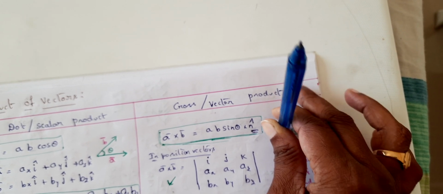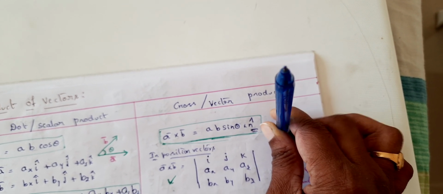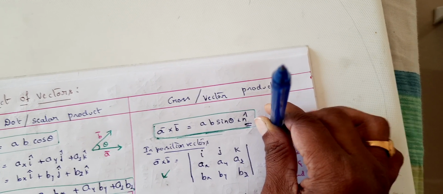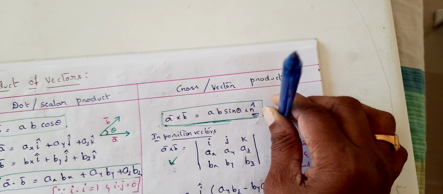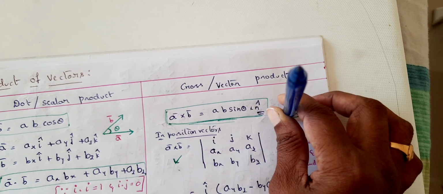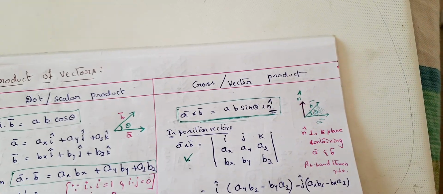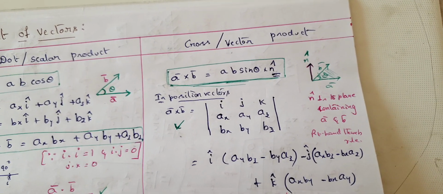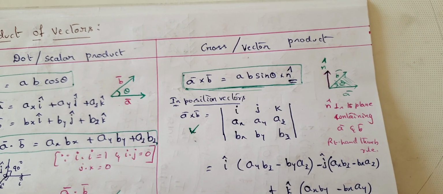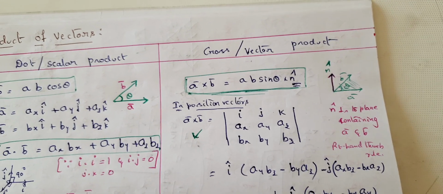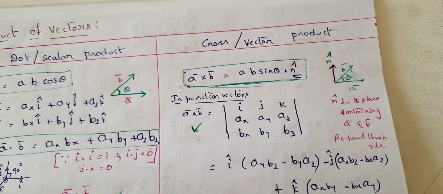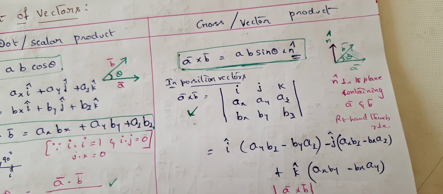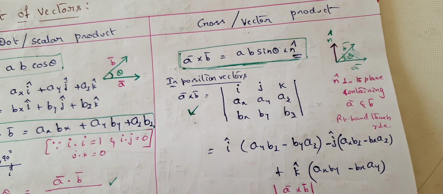Infinite lines you can draw on this plane, and all those are perpendicular to n, or n is perpendicular to the plane containing A bar and B bar. Thus, how do we conclude? That the cross product between two vectors gives another vector which is perpendicular to both the vectors.